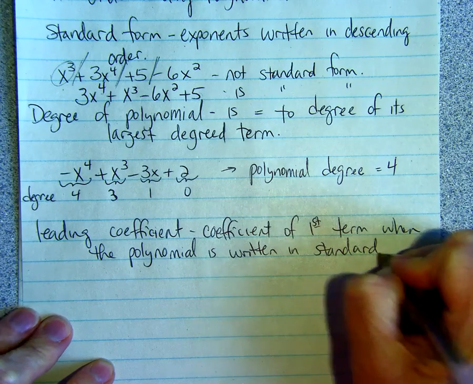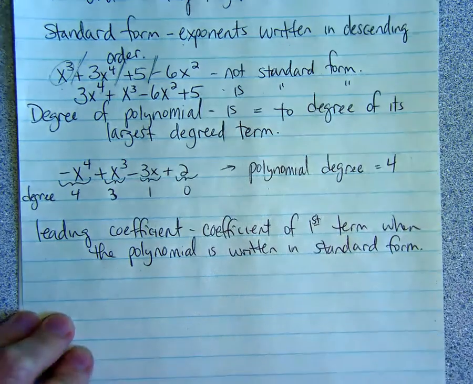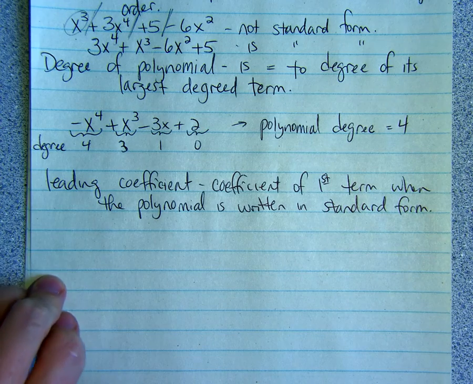So if it's not written in standard form, you want to rewrite it in standard form and then find the coefficient of the first term.